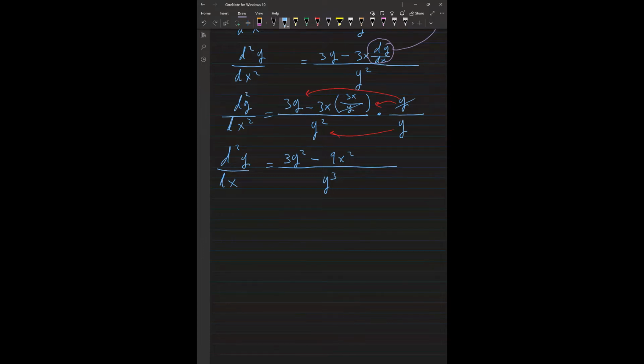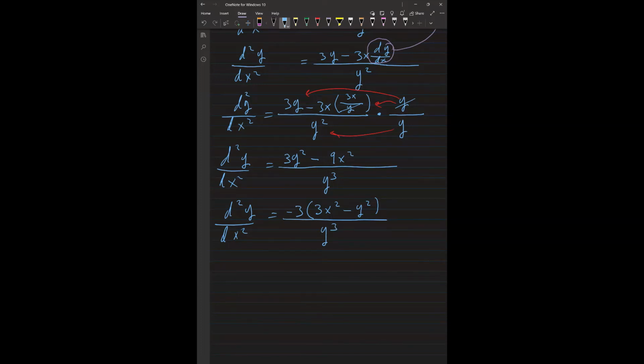What if we take -3 as a common factor? What will happen? Let's try it. -3 times (3x squared minus y squared) all over y cubed.